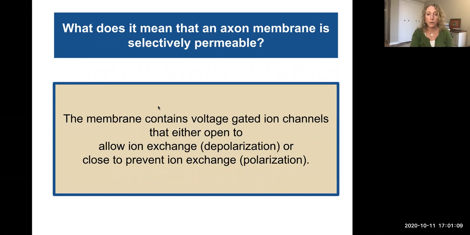And once you get the threshold, the voltage, it's going to actually cause some ions to go into the axon, and then some ions to go out. And we call that depolarizing the cell.